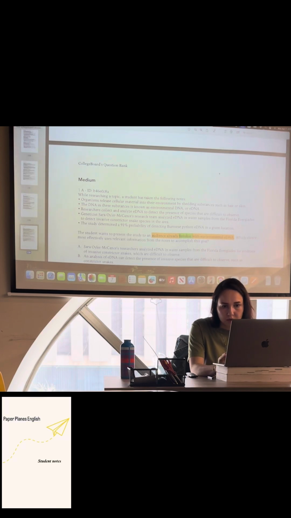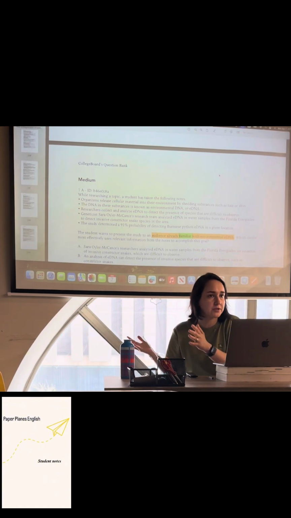No. So if any option has information about environmental DNA or eDNA, you shouldn't choose it because they are already familiar with it. For example, I explained transitions. So if I use the word transition in any of my other topics' explanations, I would never go back to explain what transitions are. Am I right? Because you are already familiar.